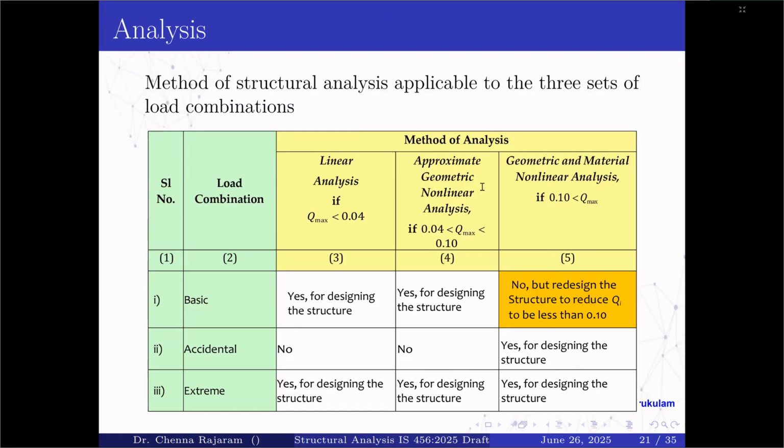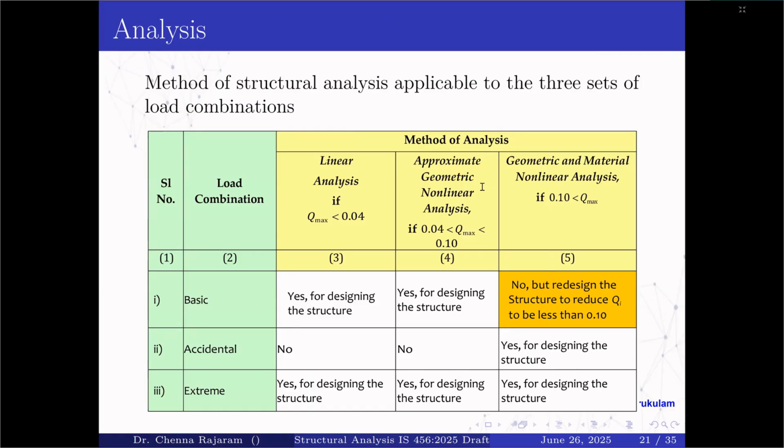Now, based on the stability index Q max: if Q max is less than 0.04, basic load combinations have to be considered for designing the structure. For the accidental load case, there is no need to consider it. For extreme load combinations, linear analysis has to be considered for designing the structure.